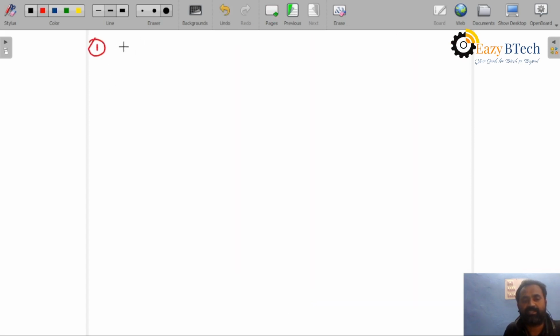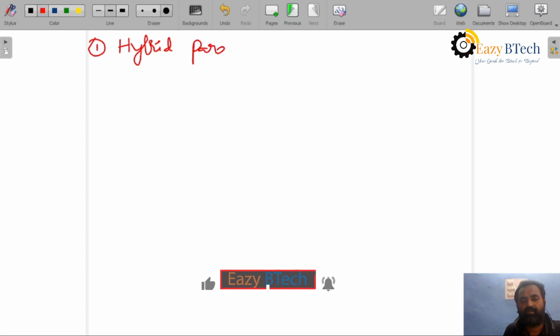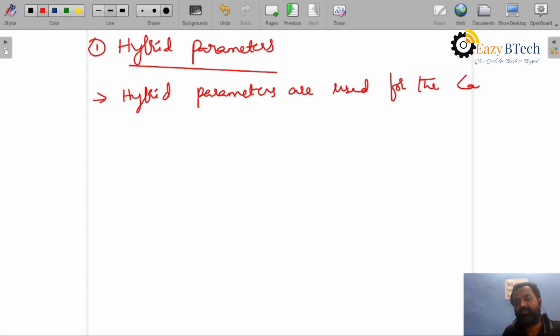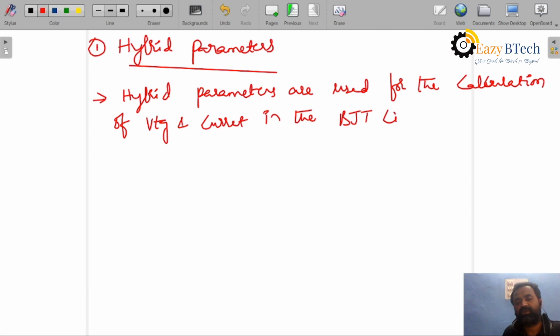Next, we will discuss what exactly hybrid parameters are. Okay, hybrid parameters are used for the calculation of voltage and current in the BJT circuits.